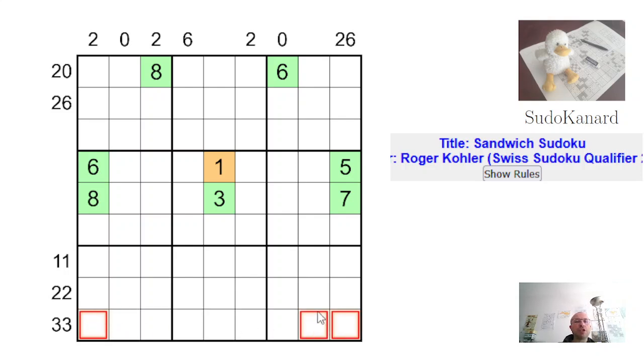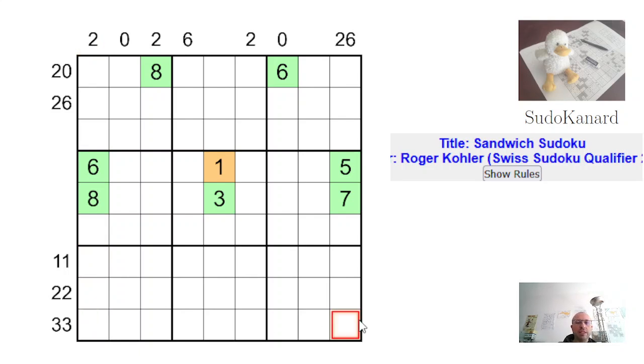But one of those two options can be excluded because of this. We know because of this clue of 2 that somewhere in this column we have something like this, so that digit 2 can't be here. Here it couldn't be sandwiched between the 1 and the 2.